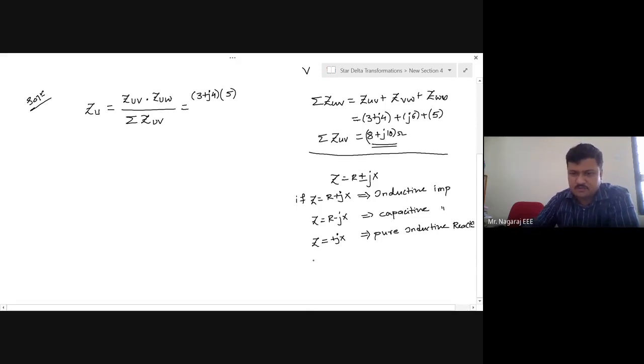And if Z is equal to minus Jx, it is pure capacitive reactance. And if Z is equal to R, it cannot be minus R, it is pure resistance.